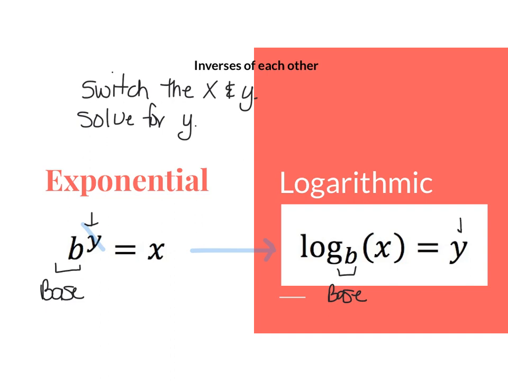That's going to go all the way over here, all by itself, on the other side of your equal sign. The solution from your exponential function ends up going to the parentheses here. So we say log base b of x equals y.